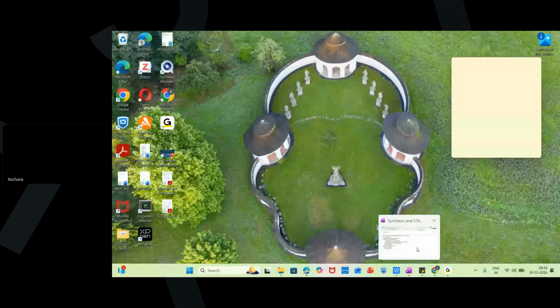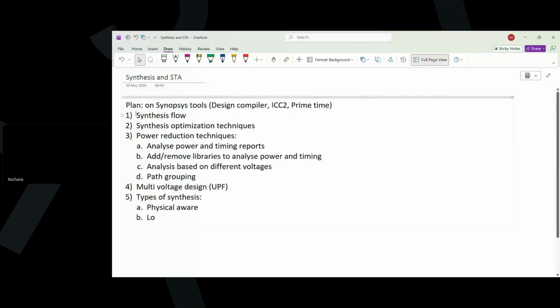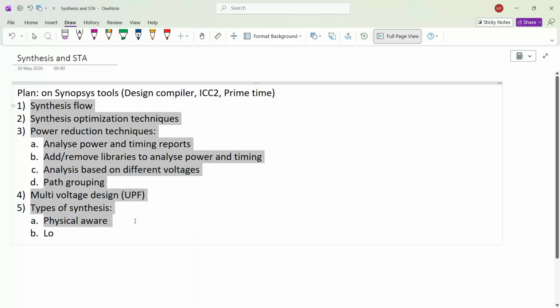I hope now it is clear, because I think there is some issue with my headphone. Is my voice clearly audible? Yes, now we can hear you. Okay. Can you please let me know, was I not audible from the start? Should I again explain everything from the start? Till what point were you able to hear?